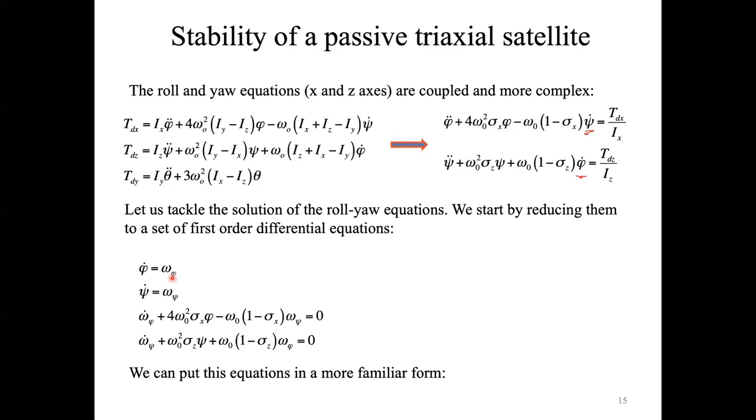So in the general case, you define a vector of angles given by phi, theta, psi, phi dot, theta dot, and psi dot, and you have this 6x1 vector that you want to integrate in ODE45, for example. Here, the problem is reported in 2D, so we are ignoring the pitch because, as I said, it is completely decoupled.